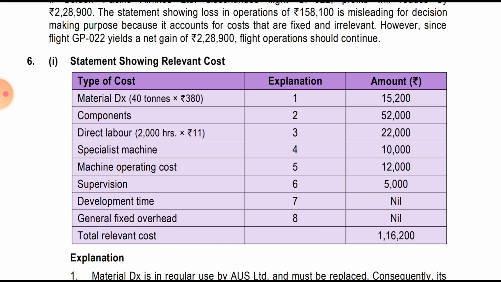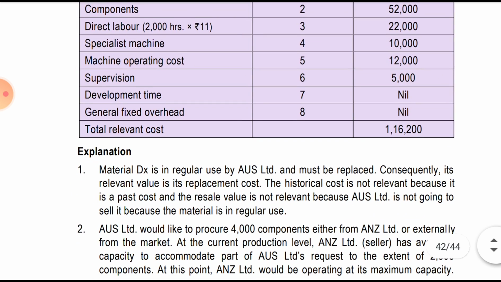First part, statement showing the relevant cost. Material DX, as we had said, as it is a regular use product, so we will consider replacement cost of 380. So 40 multiplied by 380. Then component cost, how this 52,000 came is as we have discussed also.